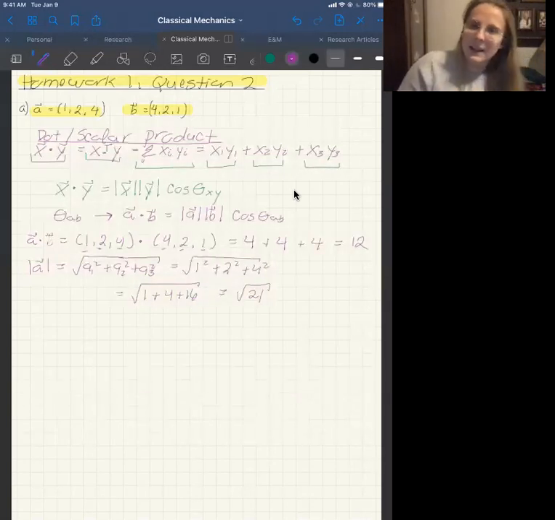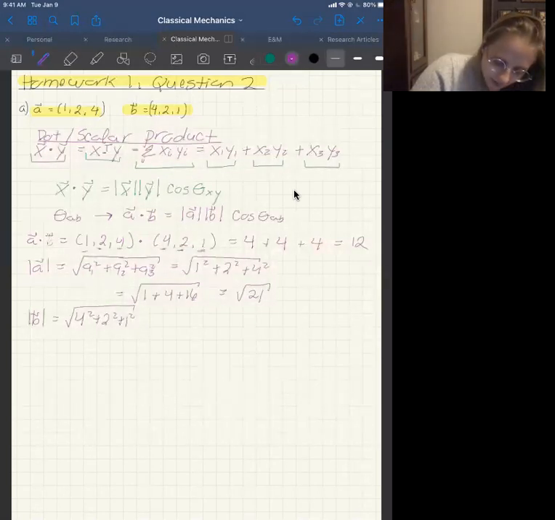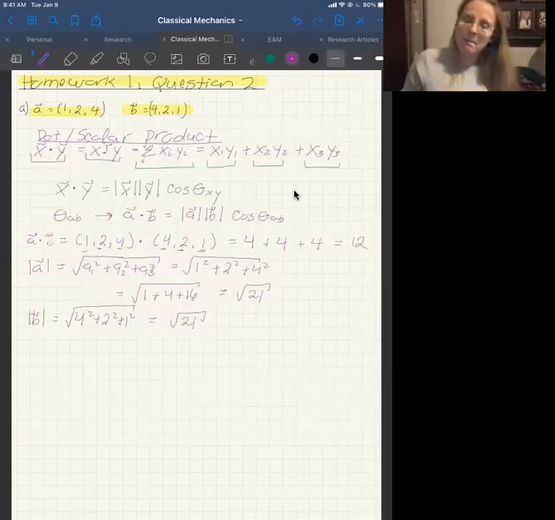Finally, we need to find the magnitude of vector B. That will also just be the square root of the sums of the squares of the components. So 4 squared plus 2 squared plus 1 squared, the first component, the second component, and the third component. So that is also the square root of 21.